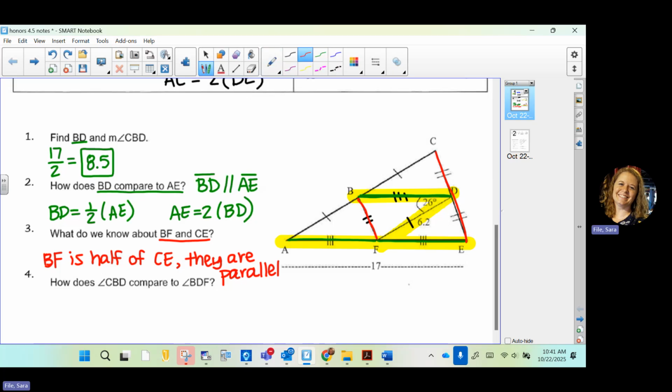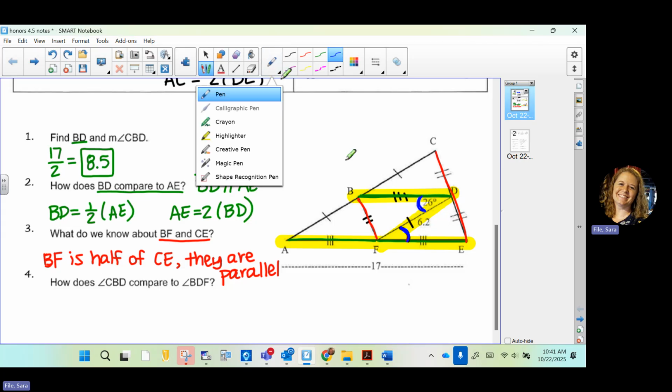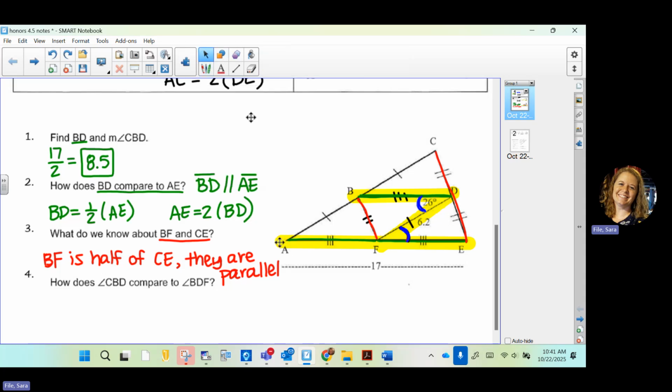That's this angle here. I'll do it in blue. So this angle here is congruent to 26 because they are alternate interior angles. Do you agree?